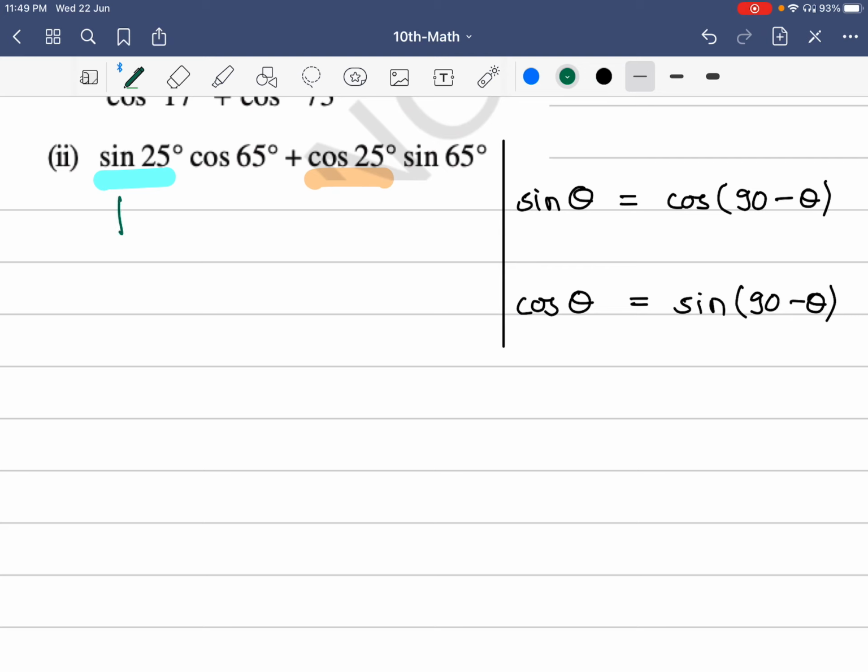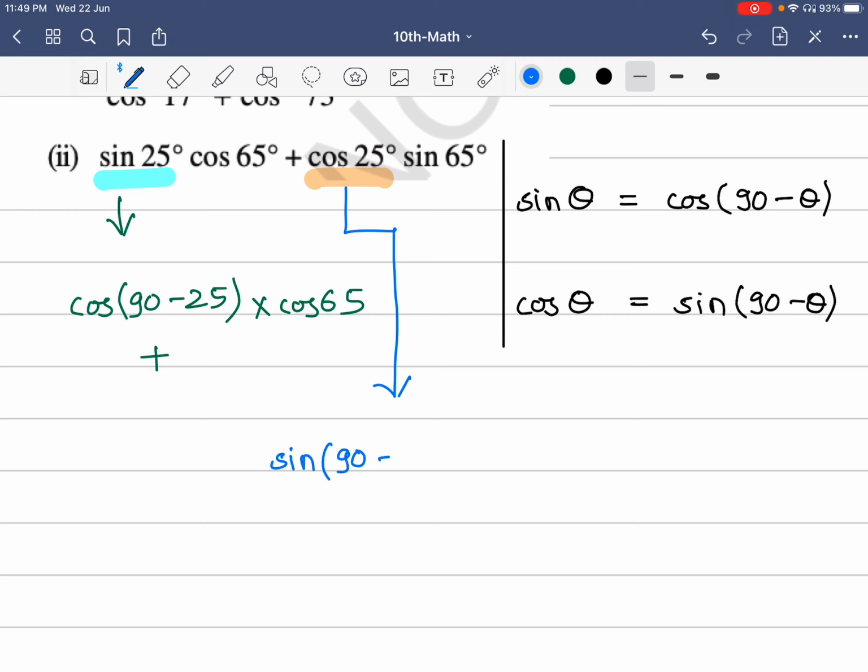So sine 25 can be written as cos of 90 minus 25, into cos of 65 as it is, plus cos of 25, which is nothing but sine of 90 minus 25, into sine of 65.